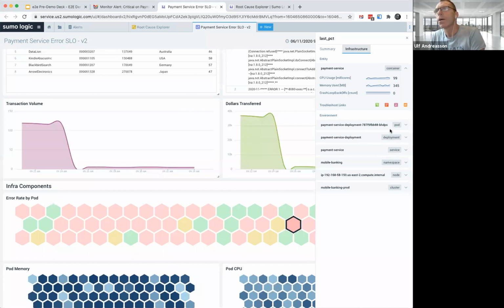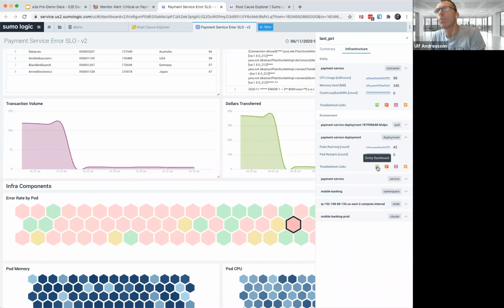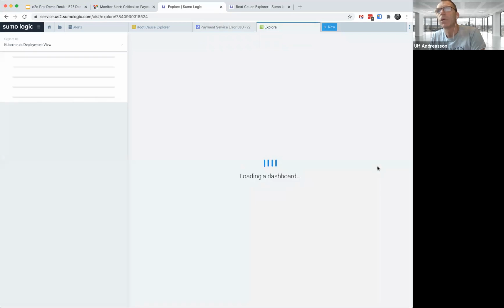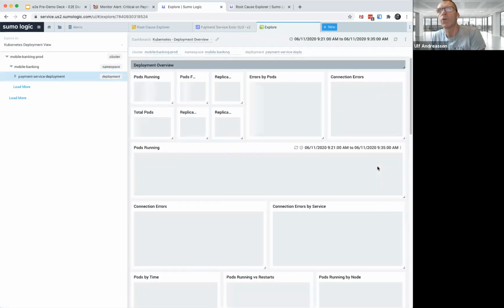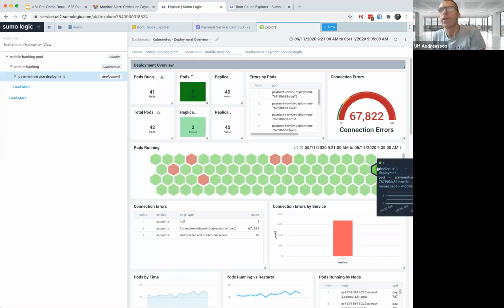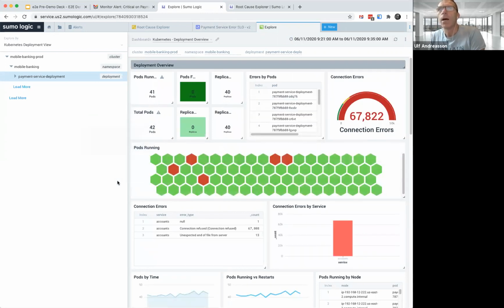So as I want to drill deeper into this and try to understand my problem, I'm going to go to the entity dashboard to fully understand where the payment service is and how that relates to other services within my account here, right? So what I can see here is that I look in the Kubernetes deployment view, and I can see that this is part of my banking application, and it is the payment service as we've spoken about.